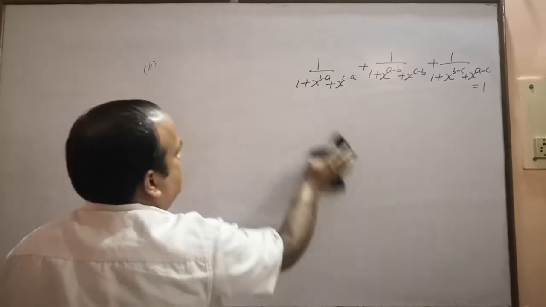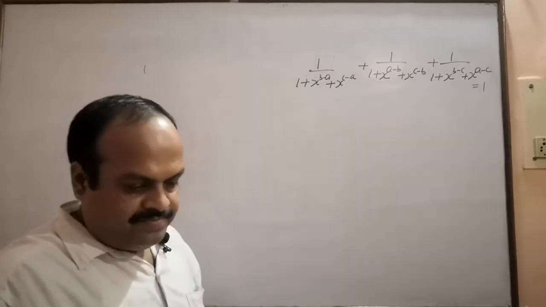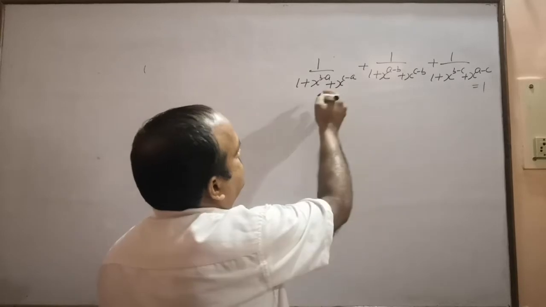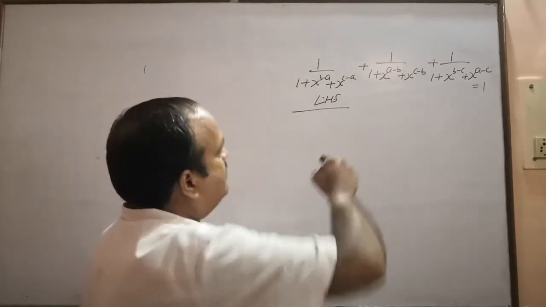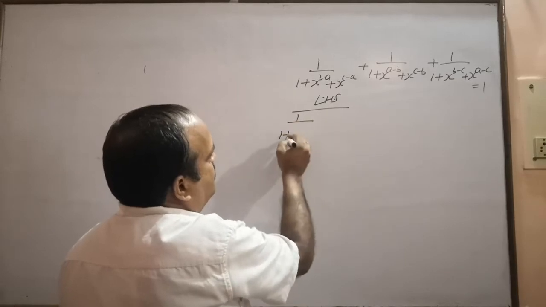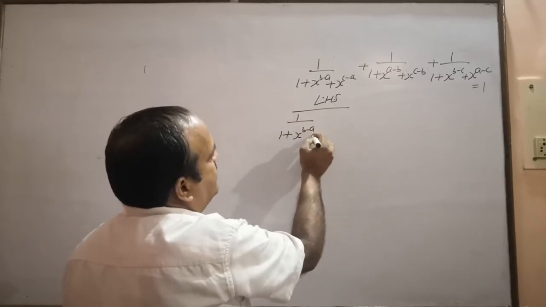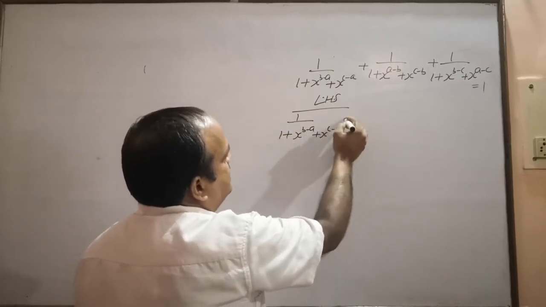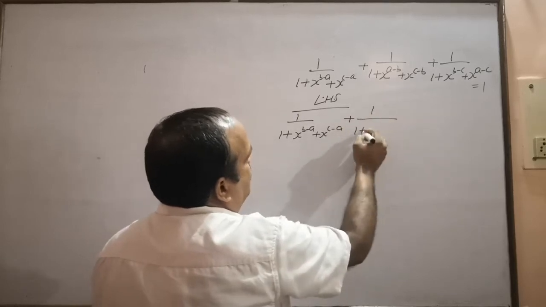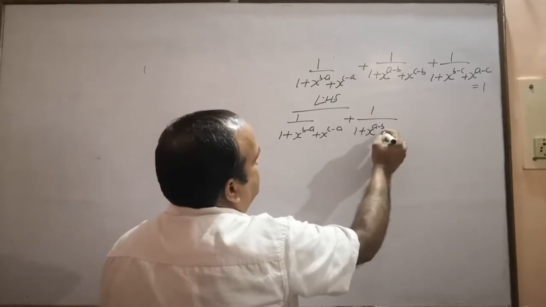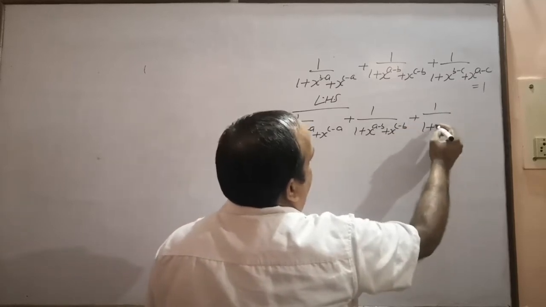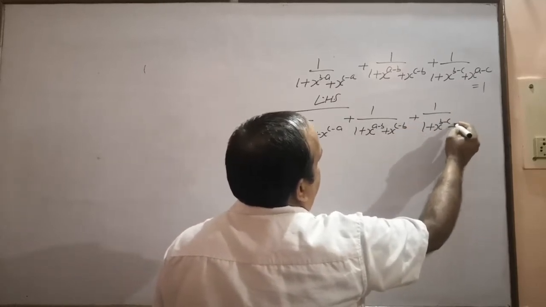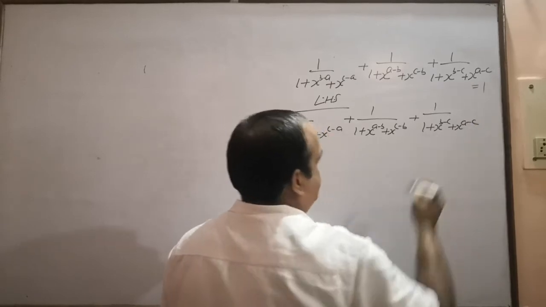We start with the left hand side, which is 1 upon 1 plus x to the power b minus a plus x to the power c minus a, plus 1 upon 1 plus x to the power a minus b plus x to the power c minus b, plus 1 upon 1 plus x to the power b minus c plus x to the power a minus c.